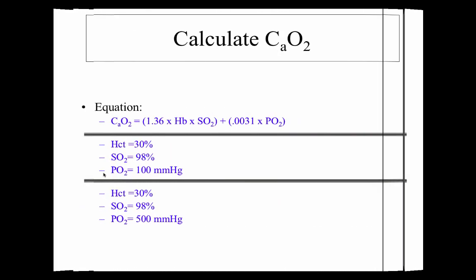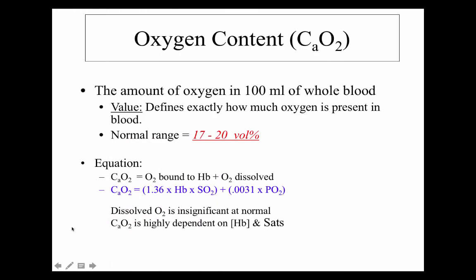So here's our equation, and I'm really sorry about that. Oxygen content equals the oxygen bound to hemoglobin plus the oxygen dissolved. Remember, oxygen is carried in the blood in two forms, bound to hemoglobin and dissolved in the plasma. So oxygen content will take both of these units, and we have to add both of these together.